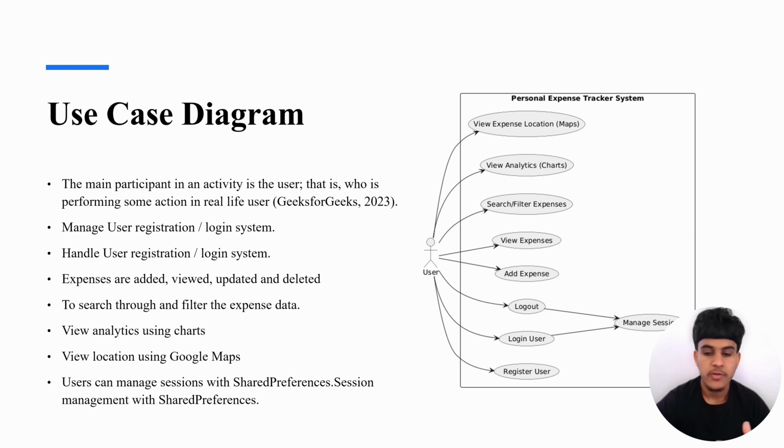The system also provides the functionality to filter expenses and to search through the expense data. It provides users access to view analytics using charts, and to see the location of an expense on maps. If the user does not log out, the session management will keep the user logged in.